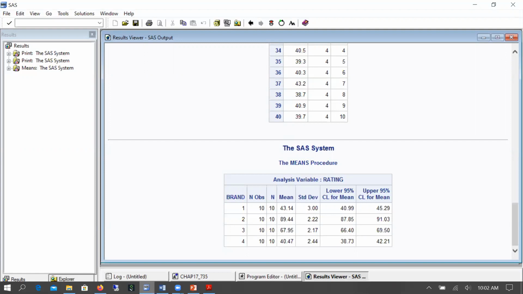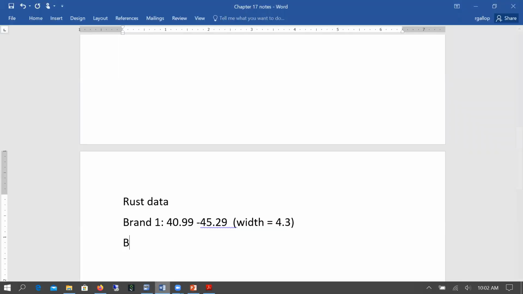So based on available data, we're 95% confident that the true average rating for brand 2 lies between 87.85 and 91.03. So let's just go ahead and write that down. So we got brand 2, its lower bound is 87.85, its upper bound is 91.03, and this gives us a width equal to 3.18 if we're doing the math real quick.